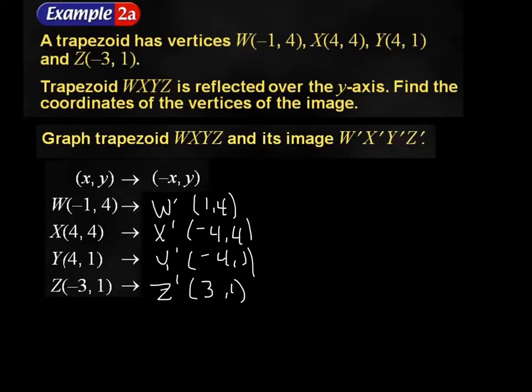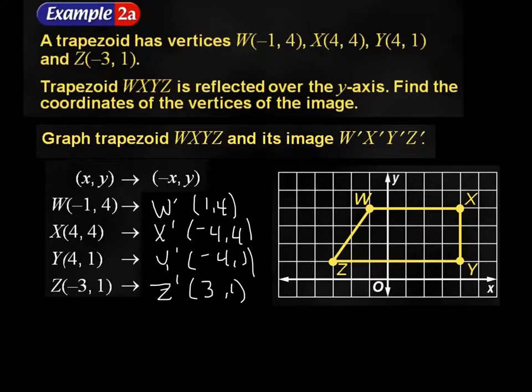And then they'd like us to graph our original trapezoid, WXYZ, and its image, W prime, X prime, Y prime, Z prime. We've plotted the points at (-1, 4), (4, 4), (4, 1), and (-3, 1) for our pre-image.